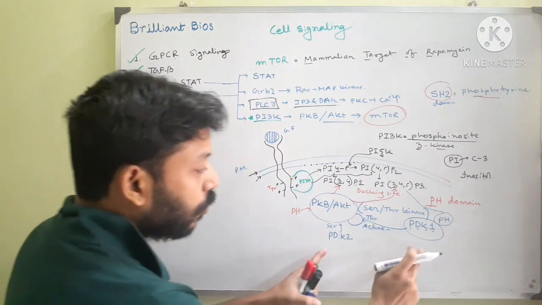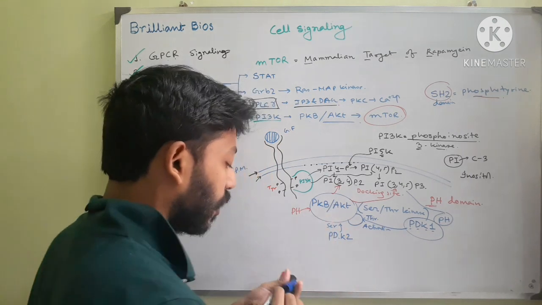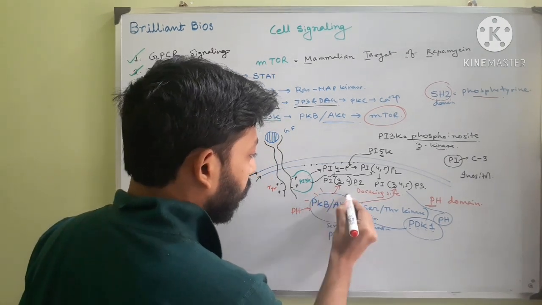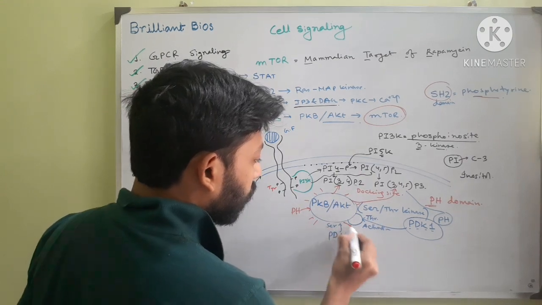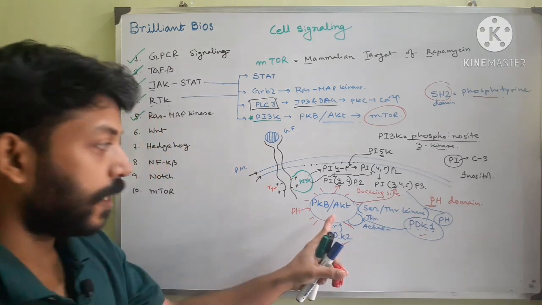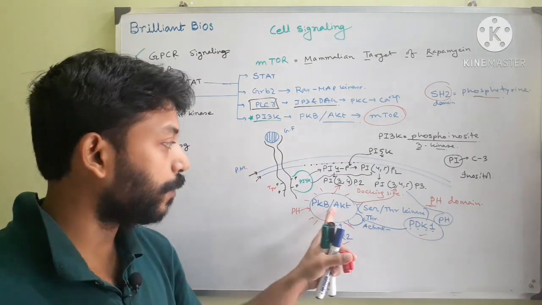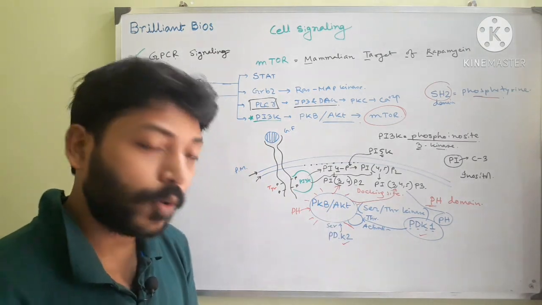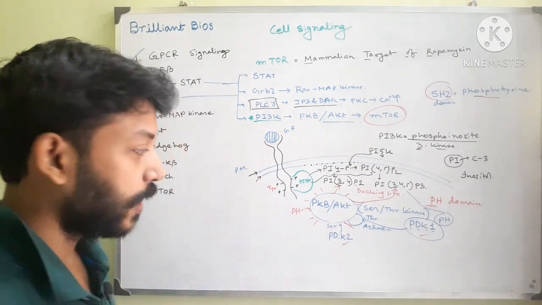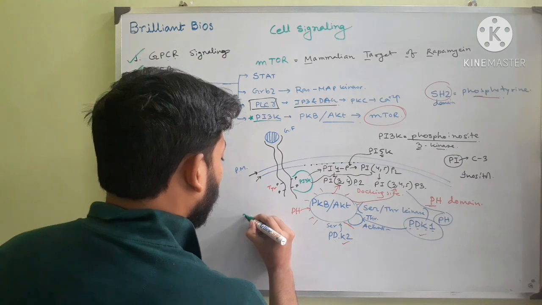So these two kinases help in the activation of this PKB or AKT. Both this PDK1 and PDK2 help in the activation of PKB or AKT. Yes, another molecule that can help in the activation of PKB is called mTOR protein complex 2.